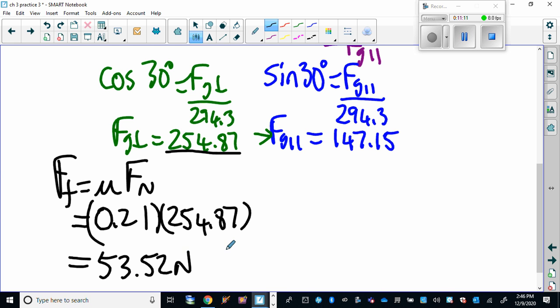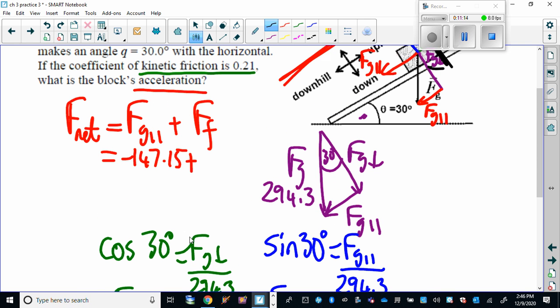That's my frictional force. Once I've calculated my frictional force, I can go back up to here, and add the 147.15 to get the net force. That gives me a net force of negative 93.63.